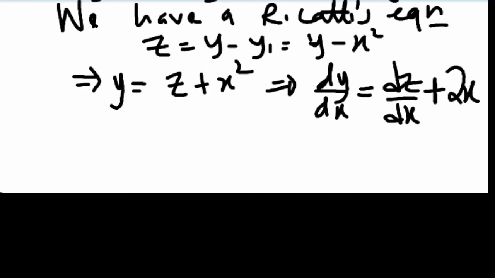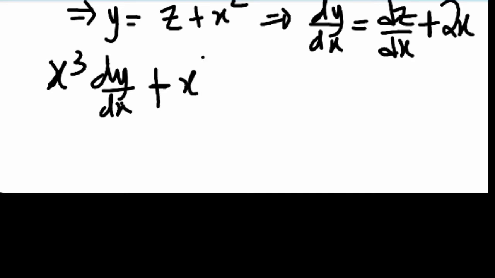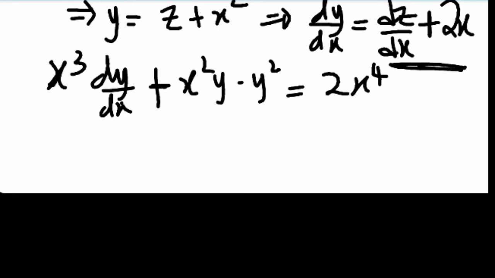Now I'm going to be substituting this into the equation. x cubed dy by dx plus x squared y minus y squared is equal to 2x raised to power 4. So anywhere I see dy by dx, I'll put this, and anywhere I see y, I'll put this.